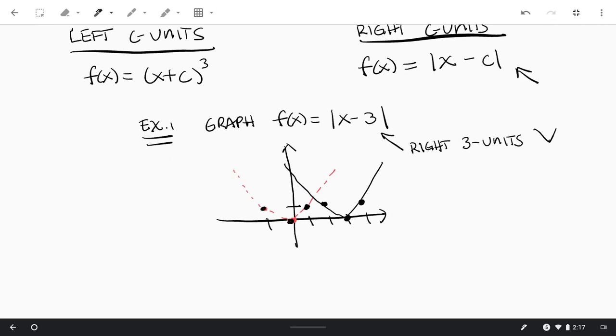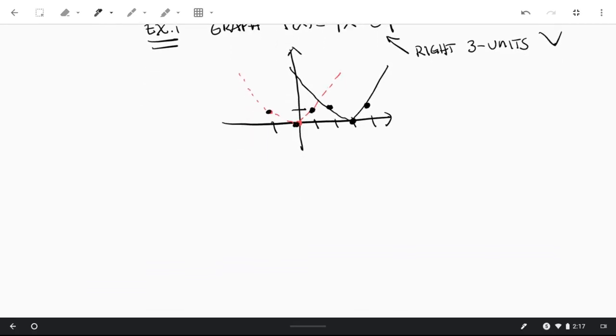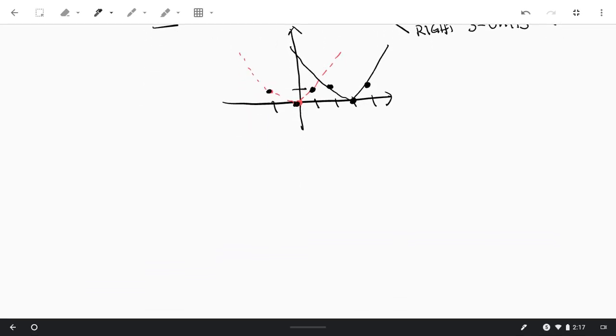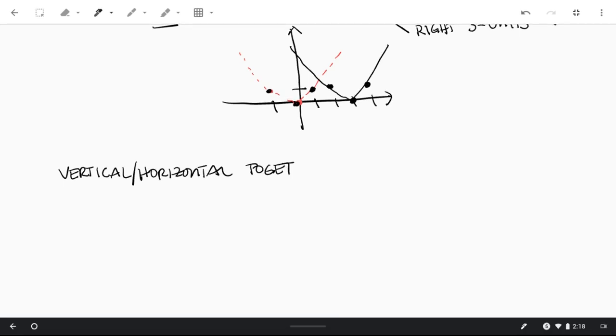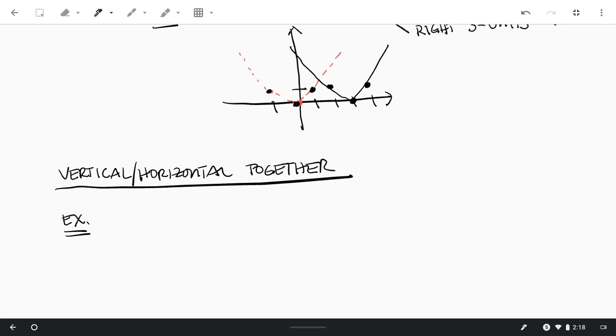So now let's go ahead and put these together. Let's do a graph where we do both a vertical and a horizontal shift together.